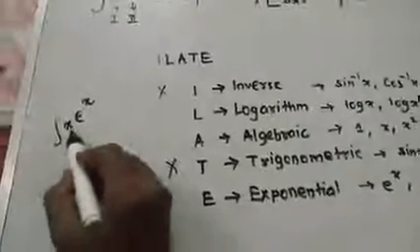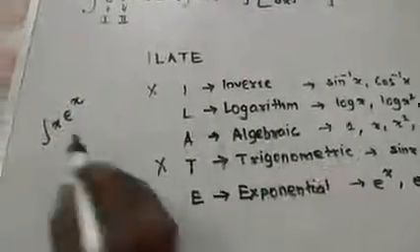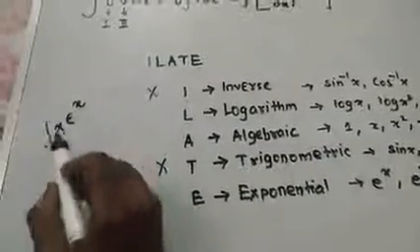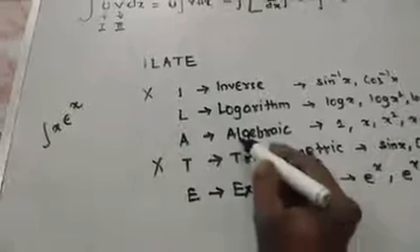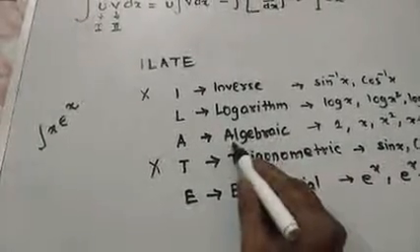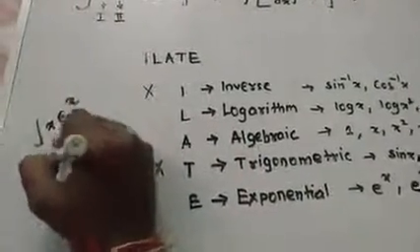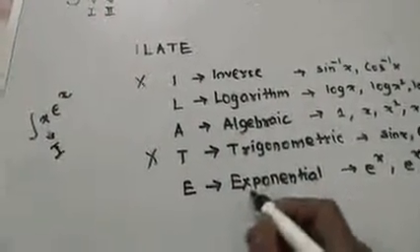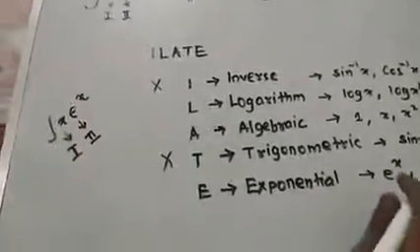Now x comes under the category of algebraic, and e to the power x comes under the category of exponential. Now here we can see that the algebraic comes at first, so we will assign x as first function, and exponential comes at last, so we will assign e to the power x as second function.